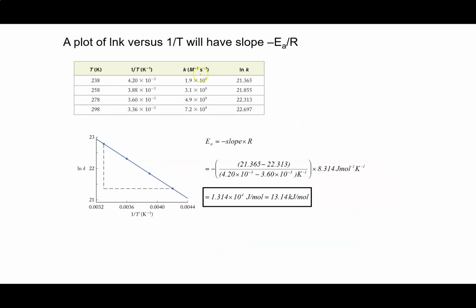So here we are. I've just extended my temperature column out. It has to become 1 on T now, and then I extended my k column out to become log k, and now I'm going to do log k against 1 on T. So there we are, and then I just pick the first point and the last point, and I'm calculating the slope.